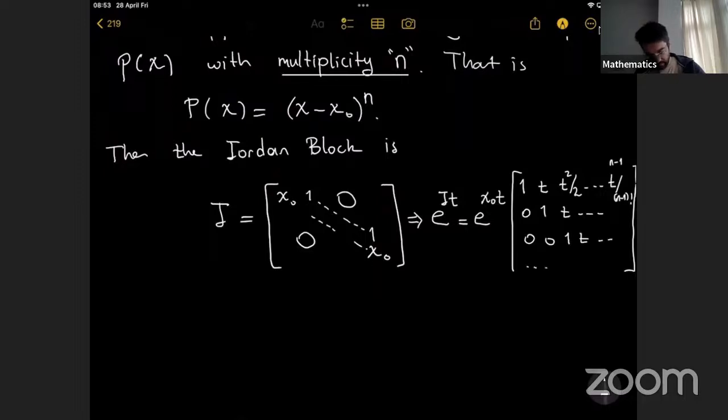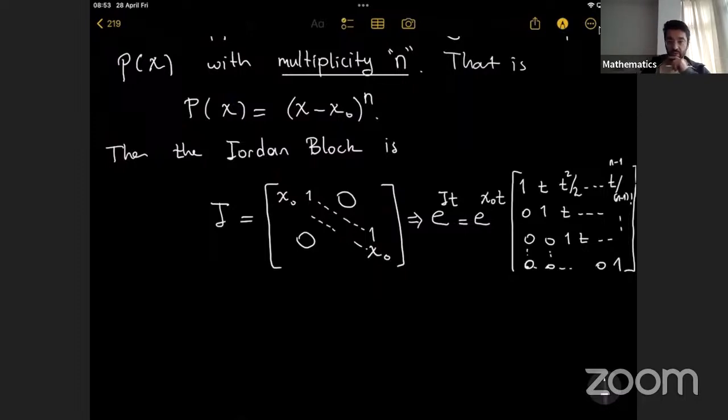And basically we have 0, 0, and somewhere here on the diagonal we will have 1, and this is 0. So remember this form for the exponential of the Jordan form.